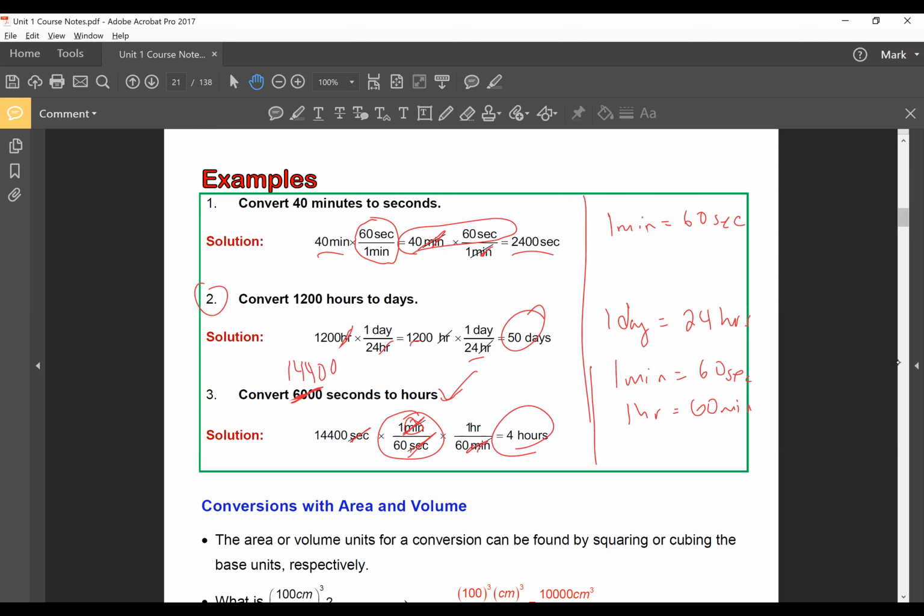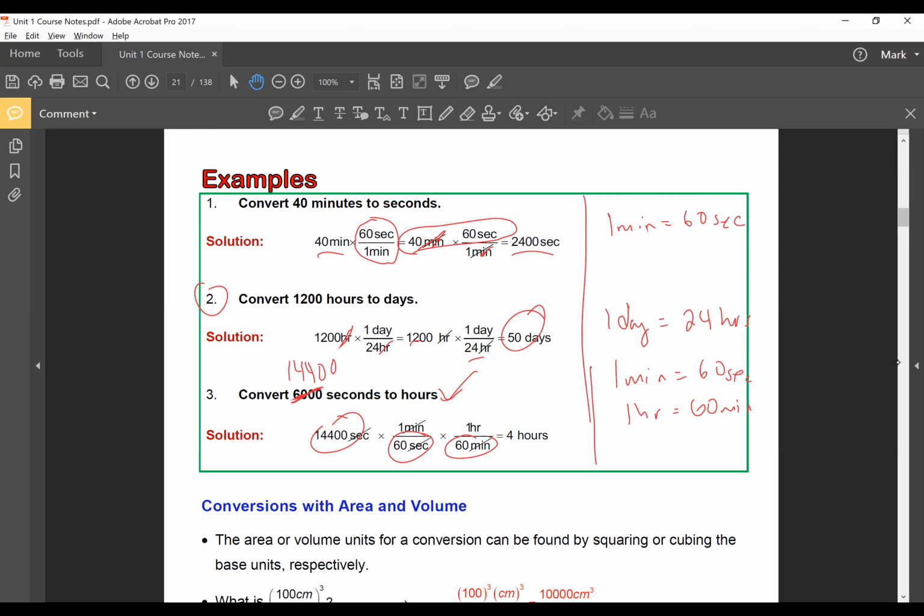So mathematically, on a calculator, I'm dividing this number by 60 two times. Let me clean this up a little bit. I'm taking 14,400 seconds and essentially multiplying it by 1 over 60 twice. Mathematically, we would say that we're dividing it by 60 two times. And I get 4.